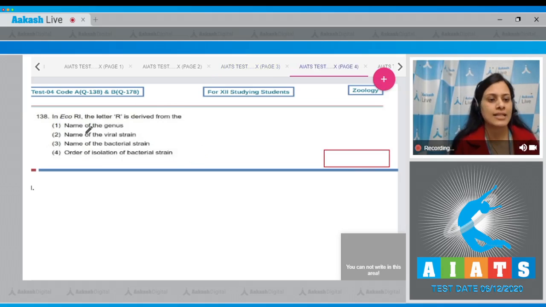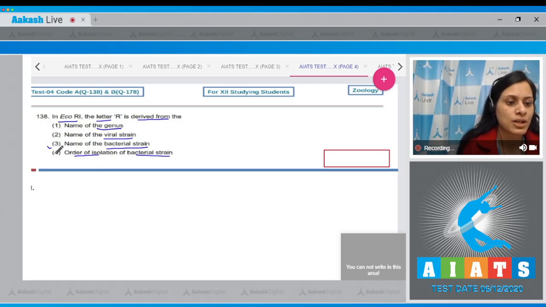Question number 138. In EcoRI, the letter R is derived from the, and the options given are name of the genus, name of the viral strain, name of the bacterial strain, and the last option says order of isolation of bacterial strain. And the correct answer to this question is option number 3, name of the bacterial strain.